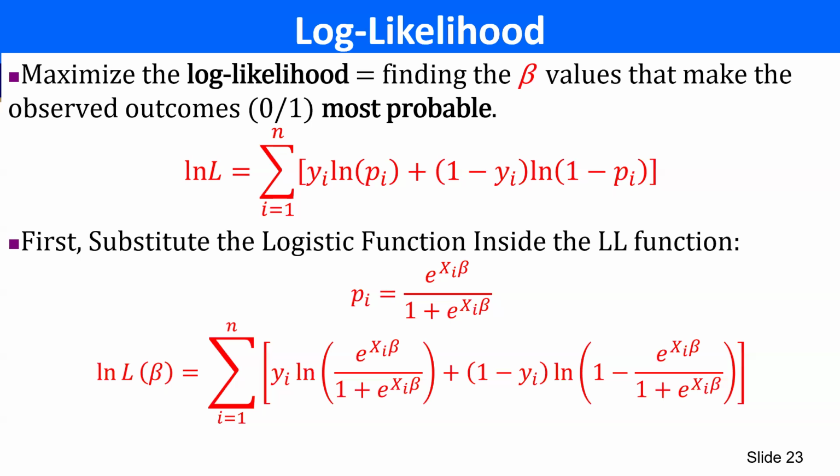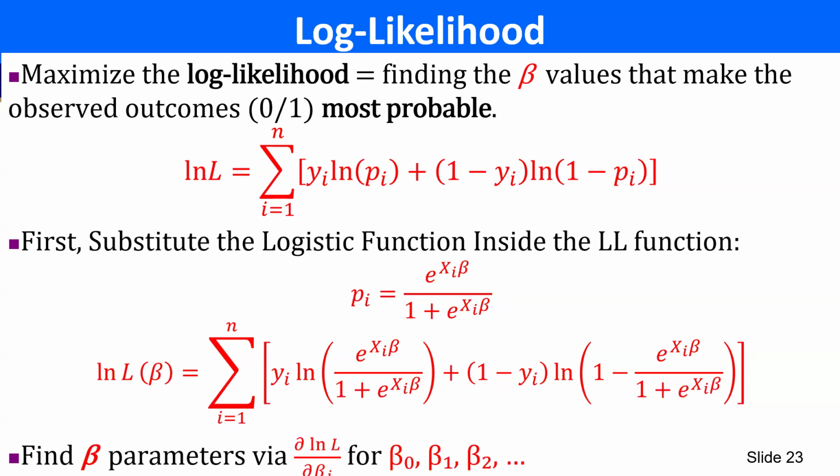Once you've done this simple substitution, the rest is just to take the first order derivative and then make beta the subject, basically. So here, you can take the entire first order derivative, okay? You differentiate, we call it d ln L divided by d beta i.